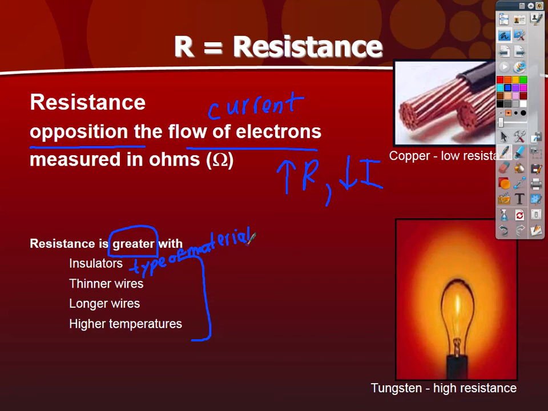So that would definitely cause more resistance. We'll actually figure out how to calculate whether something's an insulator or conductor on the next slide. There's actually a formula that is a physical property of the material itself that tells you how resistant it already is. If you have thinner wires, that's going to increase resistance.